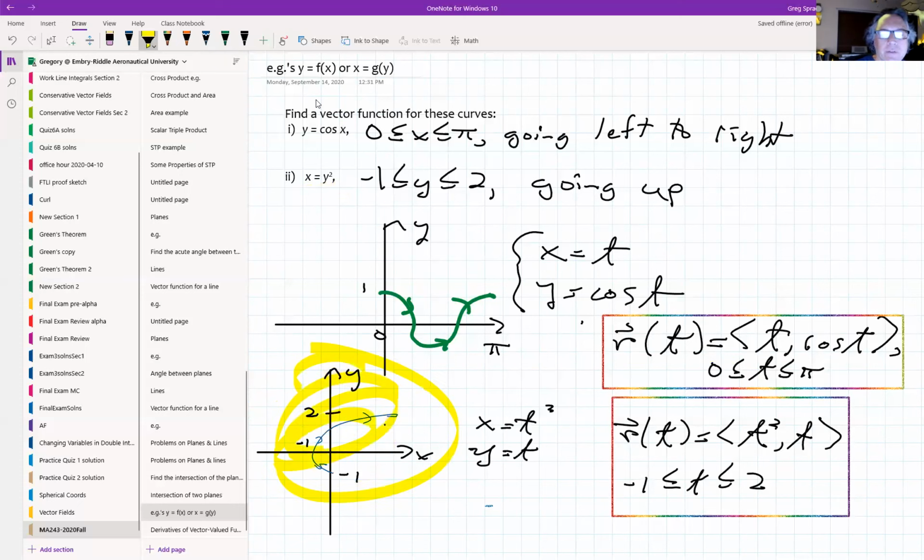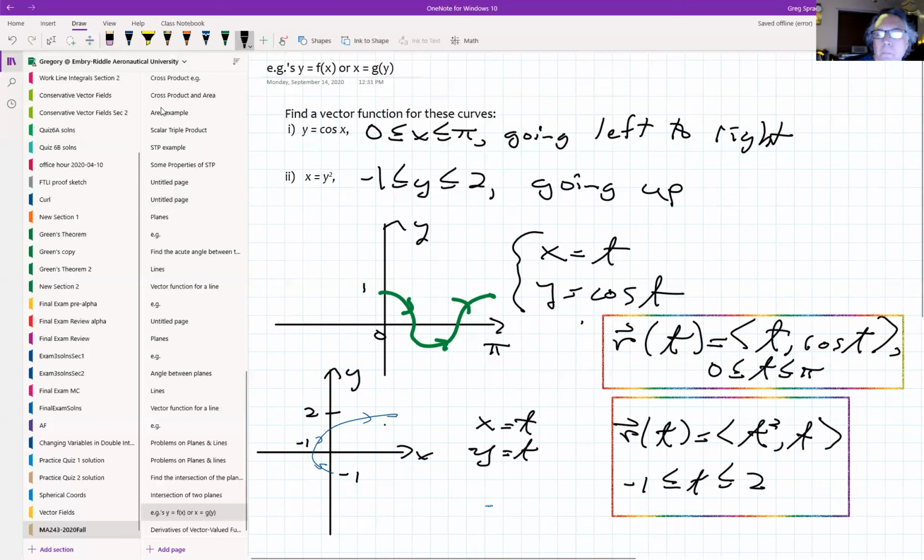The curve fails the vertical line test. That would be a big mistake. All right, so x is a function of y, and y is the free variable.